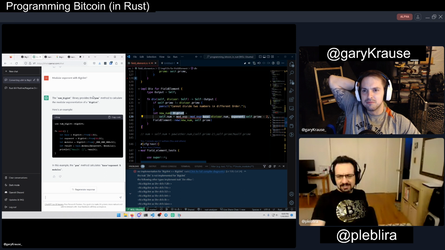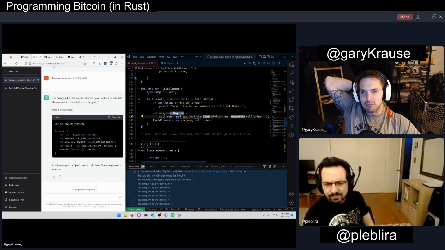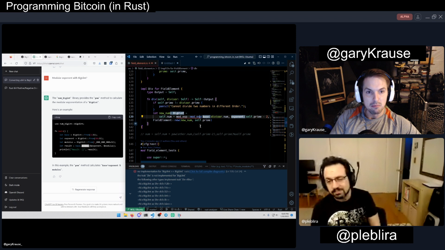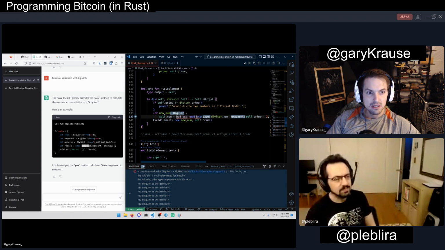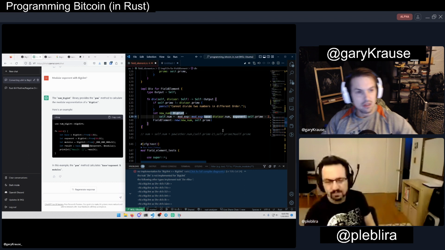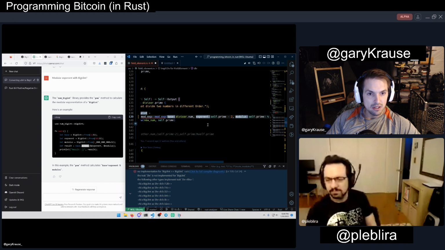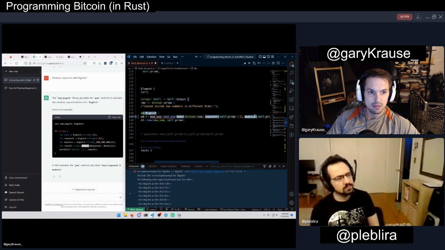Okay, so there's a pow method. So mod pow apparently is something that BigUint has. Okay, so we're mod powing to self.prime minus 2, and then the modulus is self.prime.